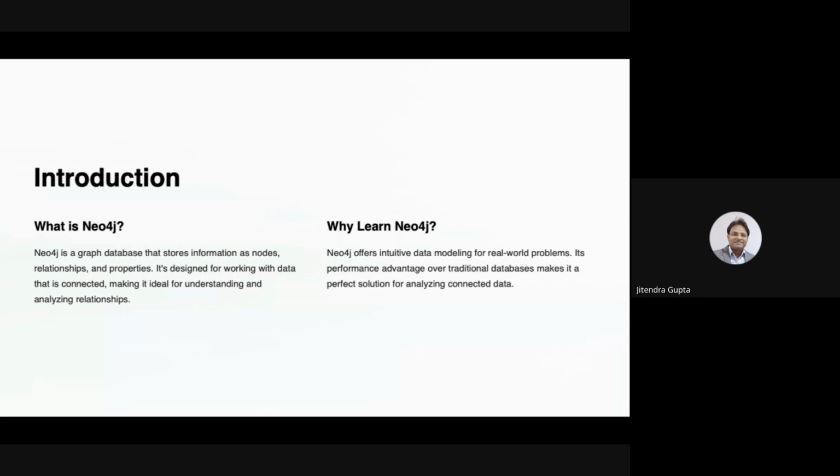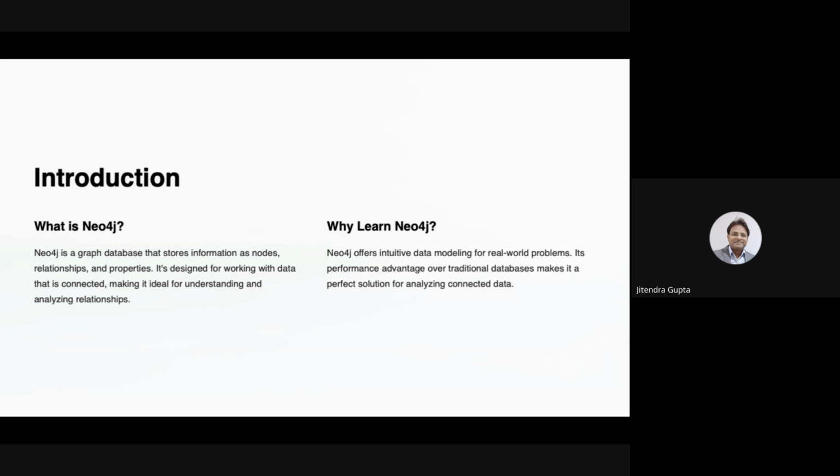So when we talk about Neo4j, it's a graph database which stores all of your data, which we generally used to save in a table, in the form of nodes. Okay, and there will be connections between two or more nodes. They can be connected in multiple ways, and there are properties based on those nodes.